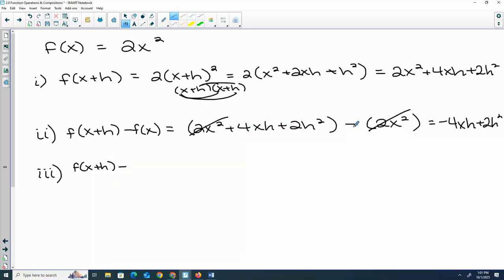That's a plus, isn't it? Alright, so then our third step, we have f of x plus h minus f of x all divided by h. So what do we do? The answer we got, divided by h, if I take an h out of everything, we get 4x plus 2h.